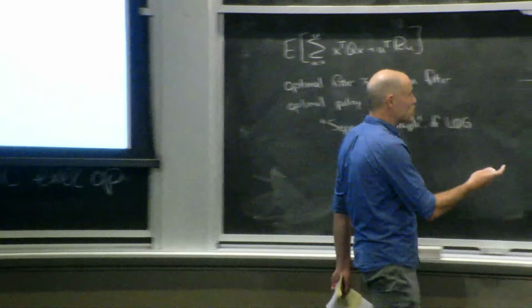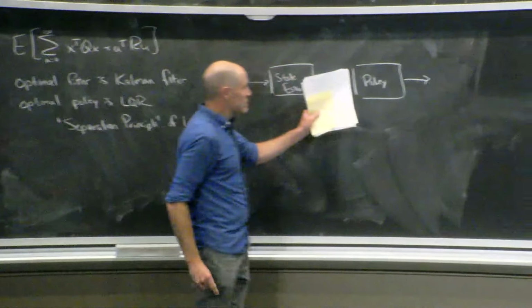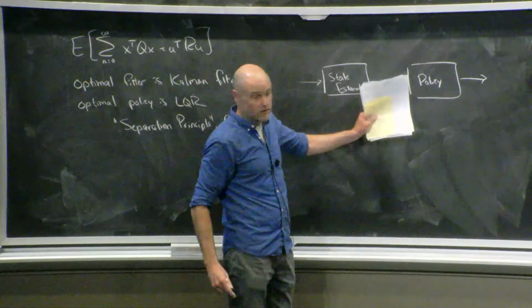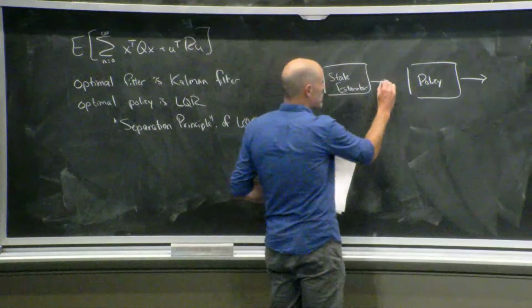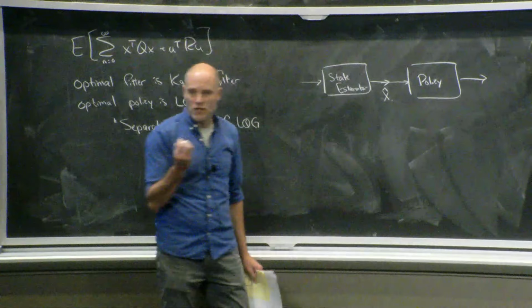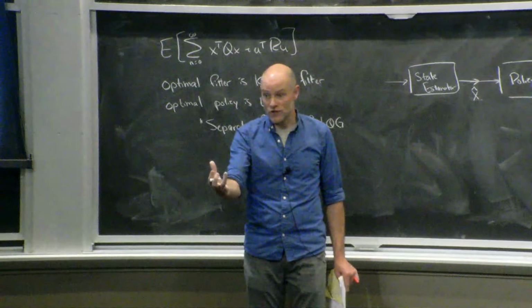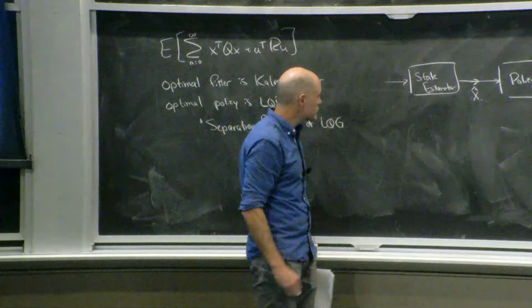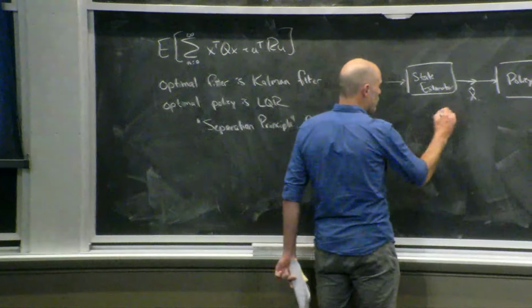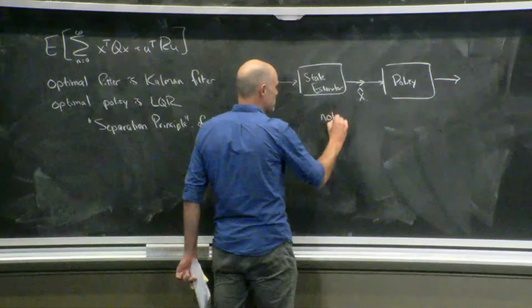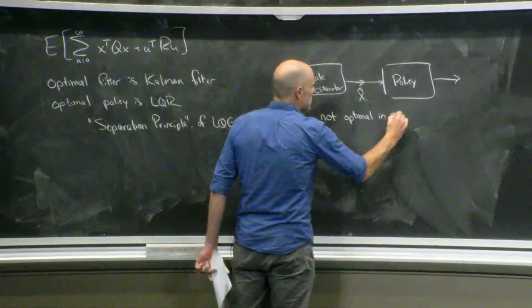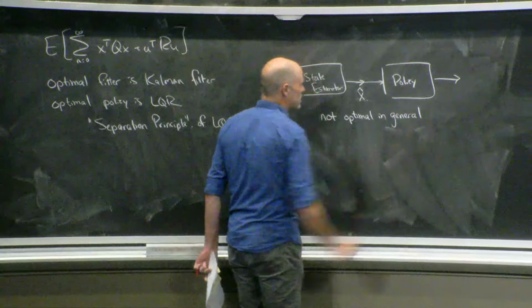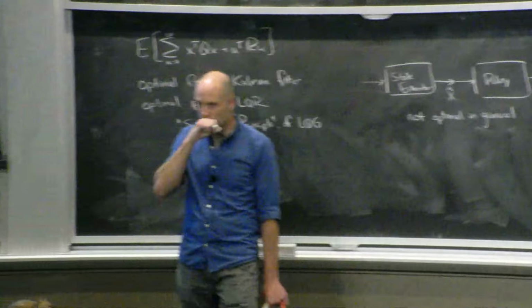We know a lot about making policies that are a function of x, so it's easy to replace x with x hat. It's harder to know what to do if you tell me I've got to give you a covariance too. But this is not optimal in general. In fact, it's not even clear it's a particularly good choice, right?